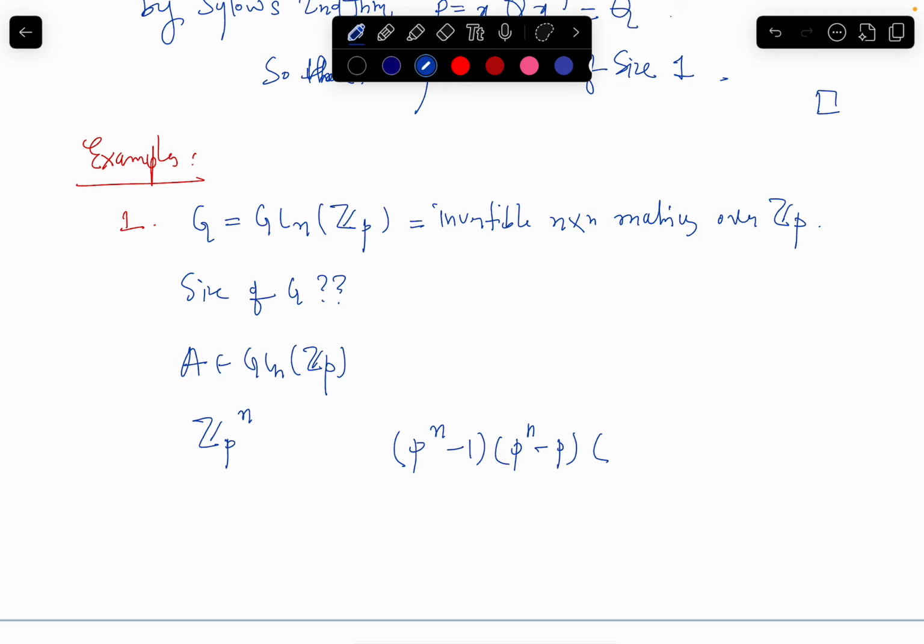Now for the third one you have to avoid the linear span of the first two. So there are p times p elements to remove because there are p and p slots. So p square, and if you keep doing it, you will get p power n minus p power n minus 1. So that is the size of GL_n(Z_p).